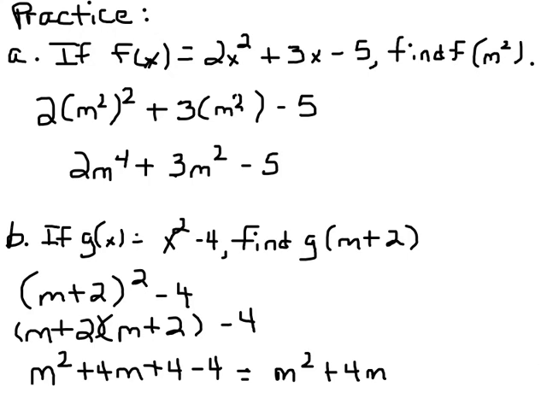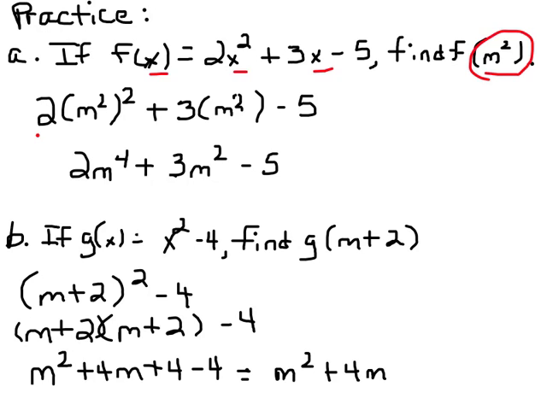So let's do our practice problems. Going back to the functional notation, if the function of x is 2x squared plus 3x minus 5, find the function of m squared. So here, here, and here we're going to replace with m squared.